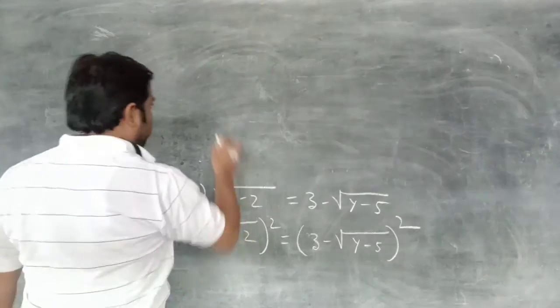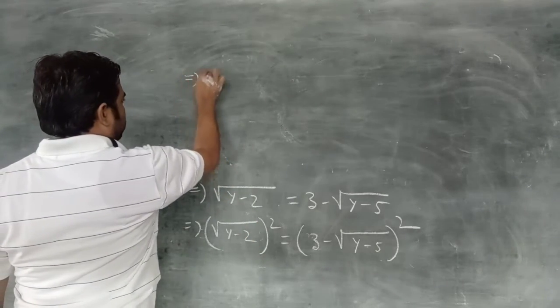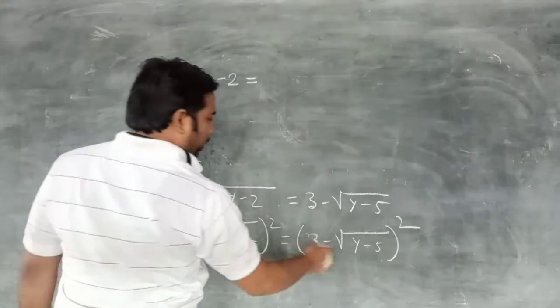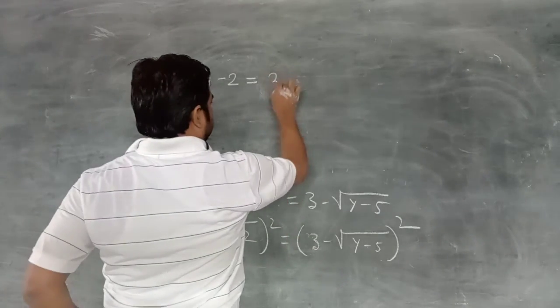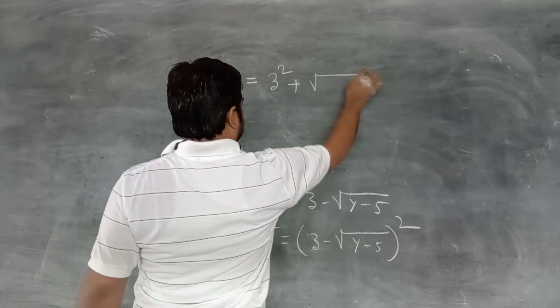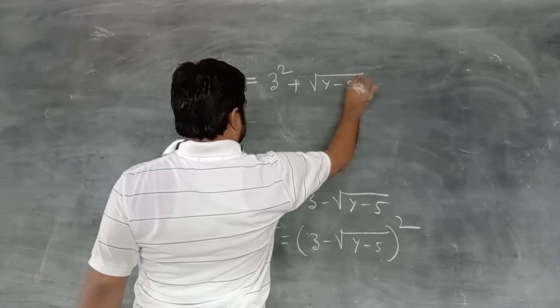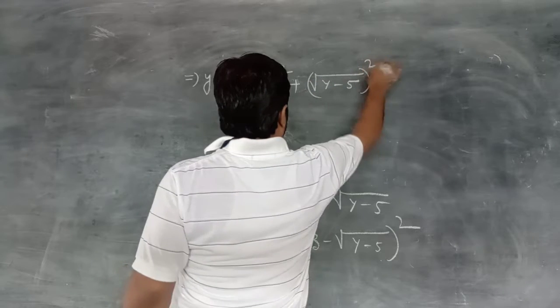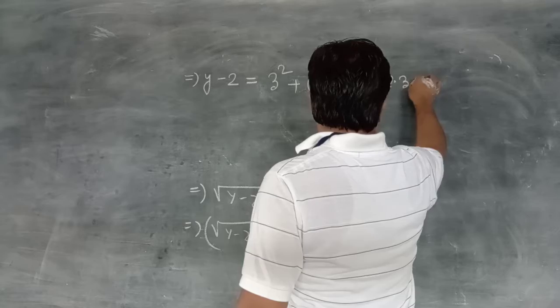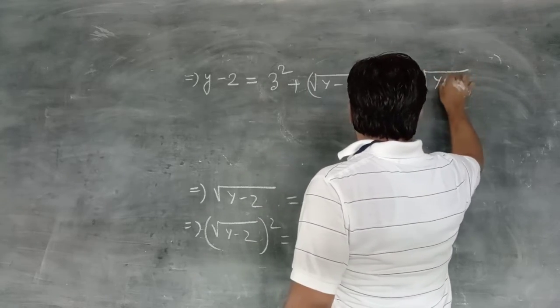This square and root over is cancelled, so we are getting y minus 2. This is the a minus b whole square formula: a square plus b square minus 2ab. This is 3 square plus root over y minus 5 whole square minus 2 times 3 root over y minus 5.